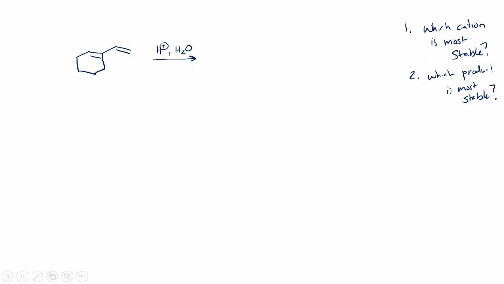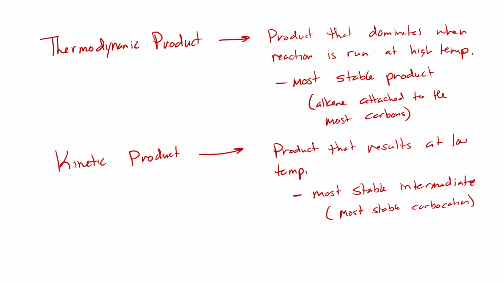So obviously those are going to correspond to the kinetic and the thermodynamic products because as we said before, the thermodynamic product is going to be the most stable product where the alkene is attached to the most carbons, and the carbocation that's the most stable is going to correspond to the kinetic product. The product that results at low temperature goes through the most stable carbocation.